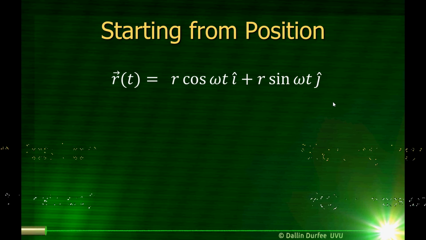Initially it'll be in the x direction. Sometime later, cosine will go to 0, sine goes to 1, and it'll be in the y direction, and it'll just trace out a circle. Well, this is not as general as I'd like to be, because this assumes that at time t equals 0, the object is on the positive x-axis.